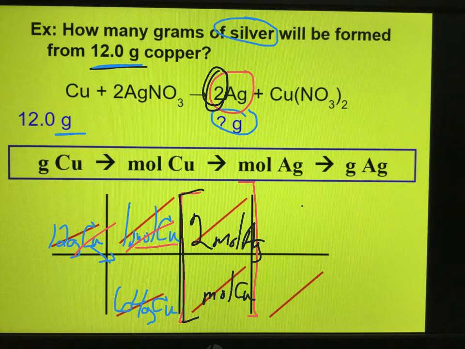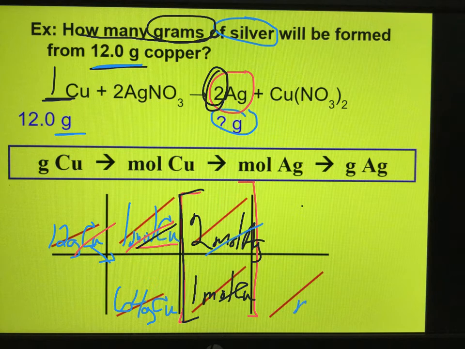And what's my mole for copper? Now remember, it's copper by itself. When there's no number, that means your coefficient is 1. So you're going to have a 1 here with 1 mole of copper. This will cancel out the mole of copper. And now you have your moles of silver. Okay, but your equation did not want moles. They wanted grams. So you have to cancel out this mole.